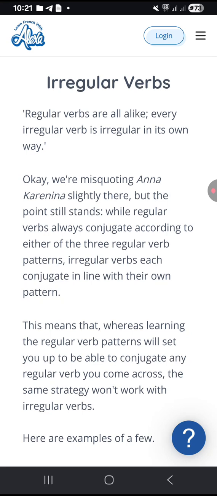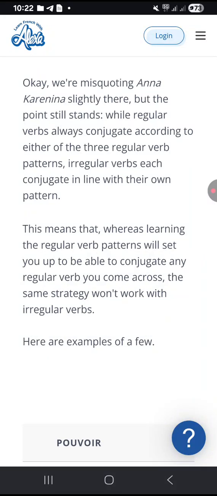Now irregular verbs, just like the regular verbs, usually also have er, ir, and re endings. What is the difference?